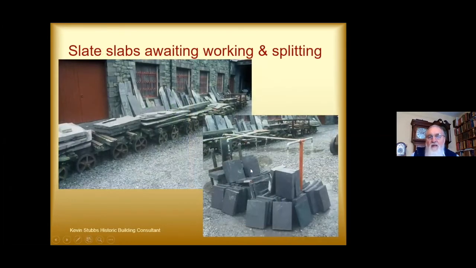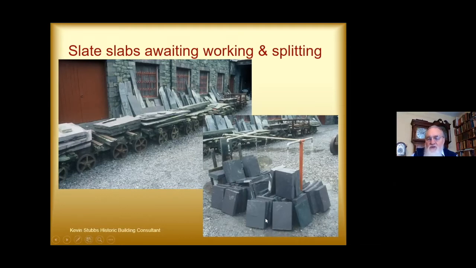Well, the way that the slate was produced in the 19th century, large blocks were hewn out of the strata within the quarries and the mines, and brought into the working area as quite large slabs. They were trimmed up to regular sizes.